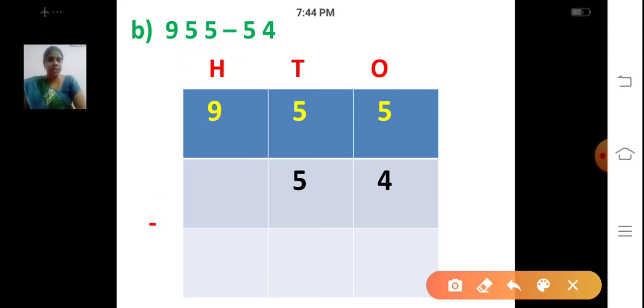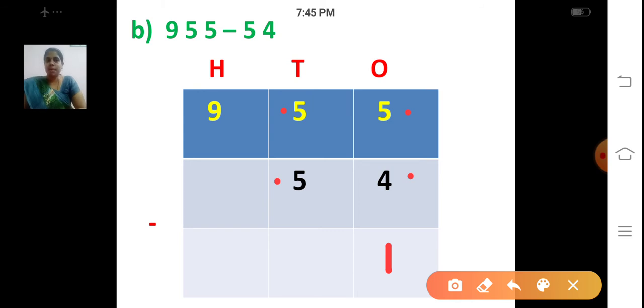So we have to start from the ones place, right? So 5 minus 4. 5 ones minus 4 ones. After 4, 5. So 5 ones minus 4 ones is 1 one. 5 minus 4 is 1. So now we subtracted the ones place. Now let's subtract the tens place. 5 tens minus 5 tens. 5 minus 5.